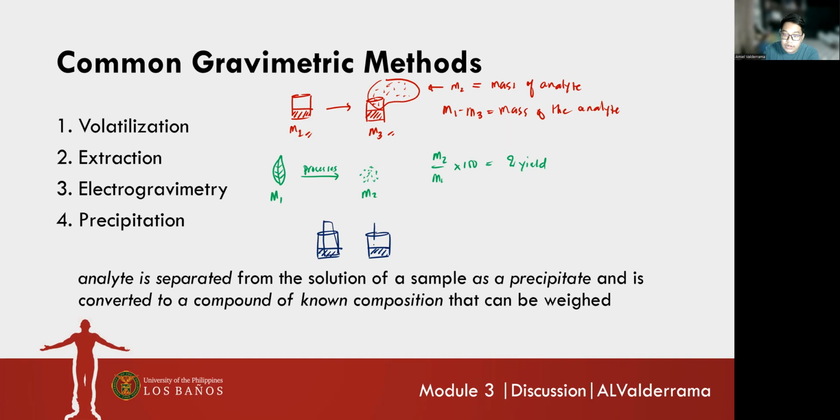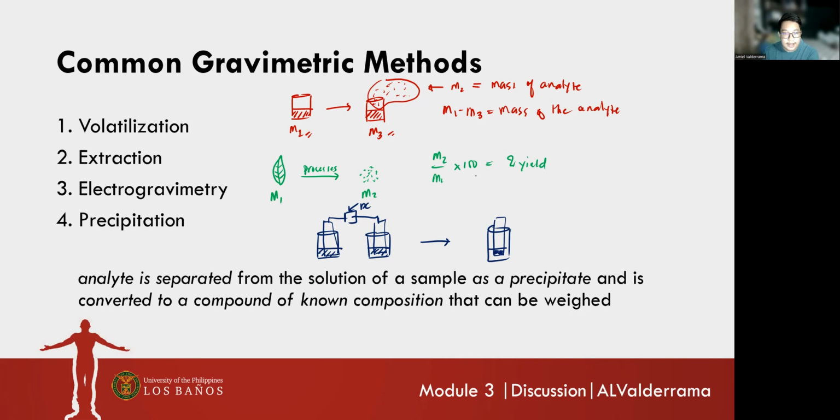These electrodes are connected to a direct current. As you apply current, or as there is an evident flow of electrons in your electrodes, there will come a time that one of your electrodes will be electrodeposited with metals that are present in your aqueous solution.